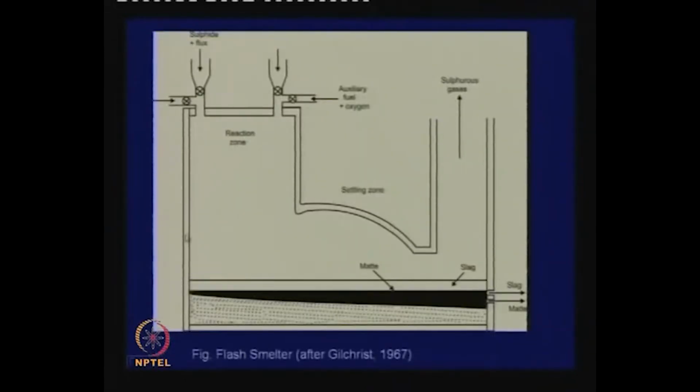Then we have talked about reactors where one combines roasting as well as smelting. Initially we thought of flash roasting, now here is a flash smelter. After roasting, it is smelted also, and again we can directly produce matte and slag.